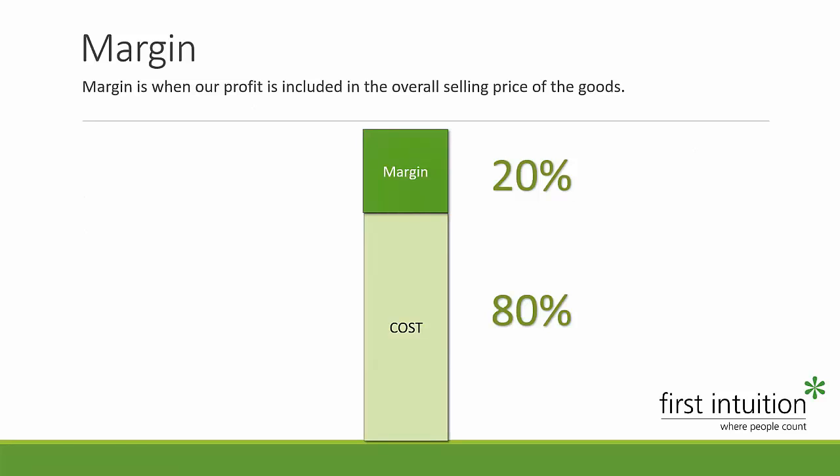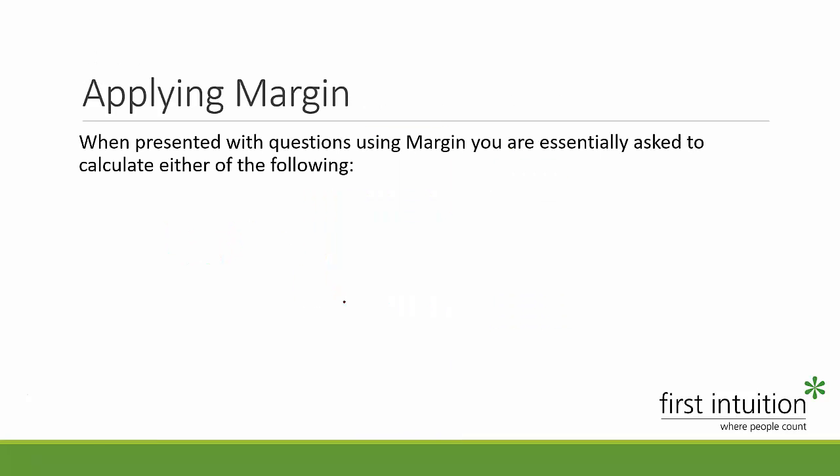As you can see here, I've got our costs of 80%, and within that, we have our margin of profit, which is 20%. The key differentiation between the two is that in this instance, instead of putting our markup on top, it is included in the 100%. On the surface it looks relatively straightforward, but we're going to throw up a couple of questions before we wrap up, just to see how we cope with it.